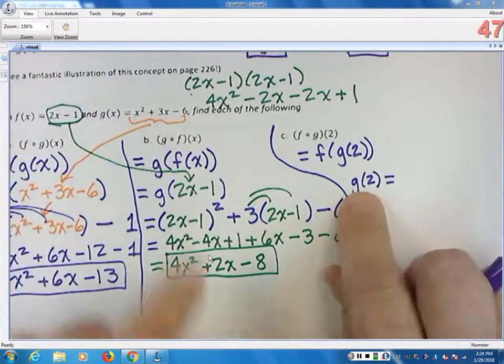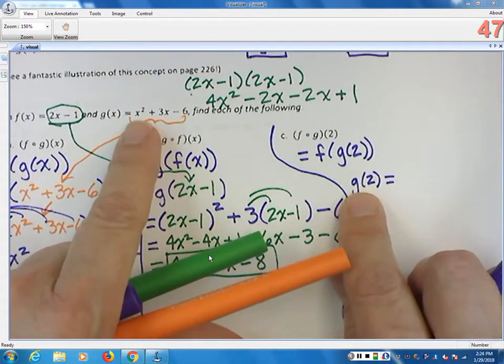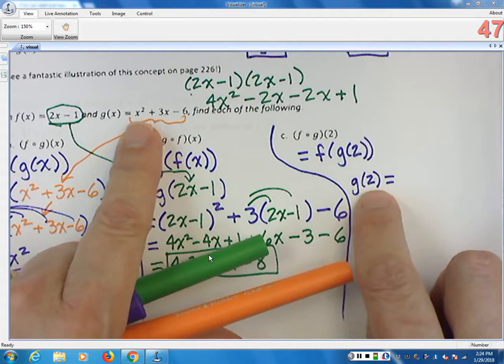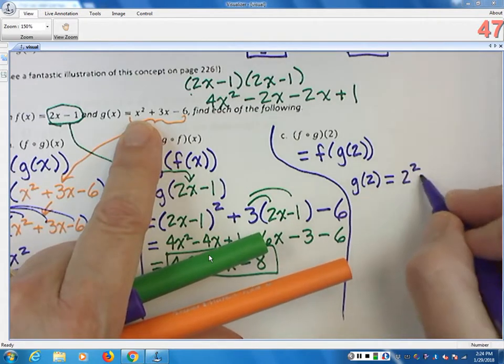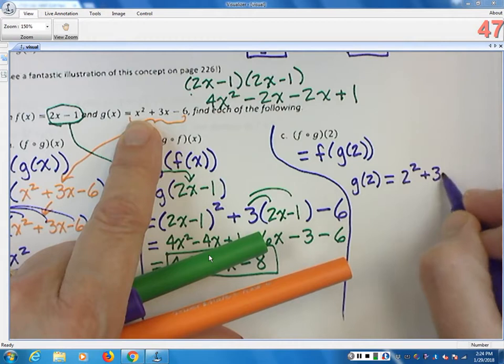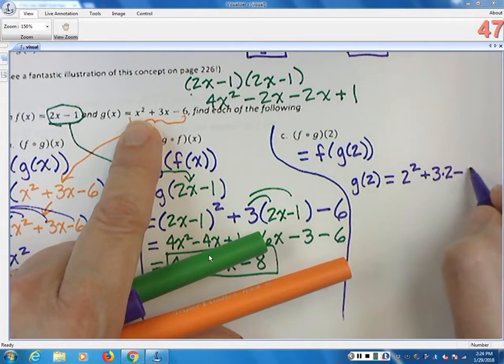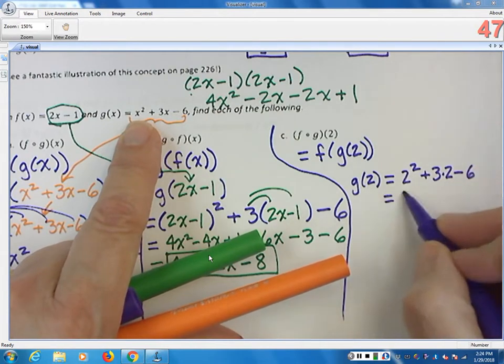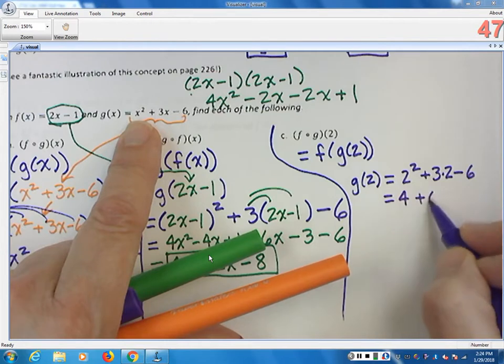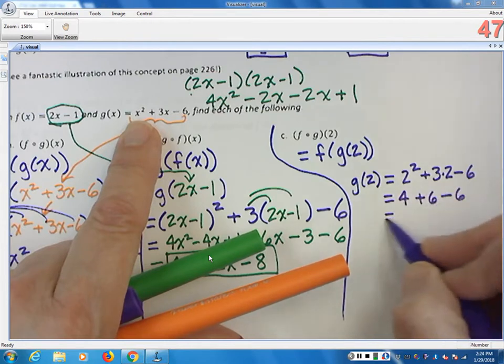Everywhere you have an x in G of x, you're going to replace it with 2. That's what that means. So you have 2 squared plus 3 times 2 minus 6. That's 4 plus 6 minus 6 equals 4.